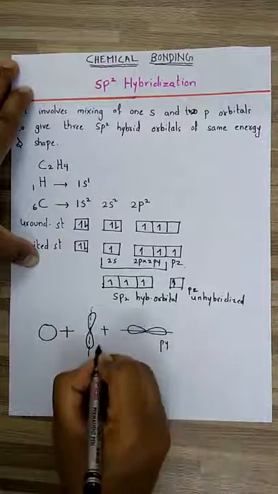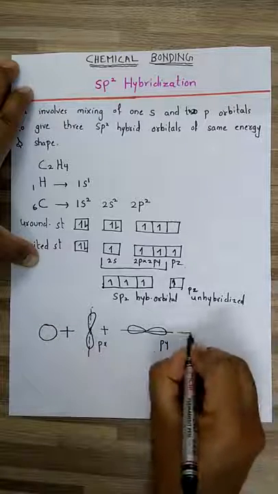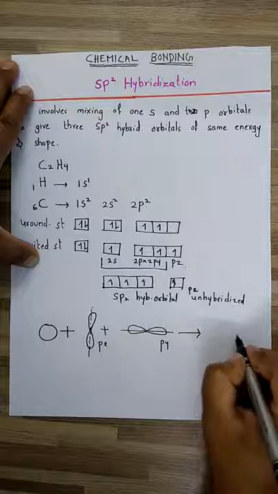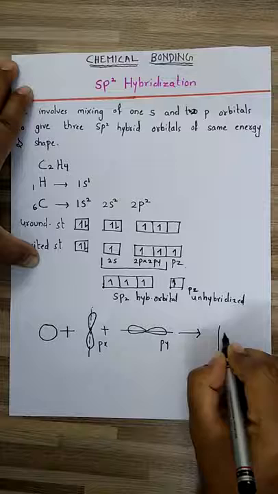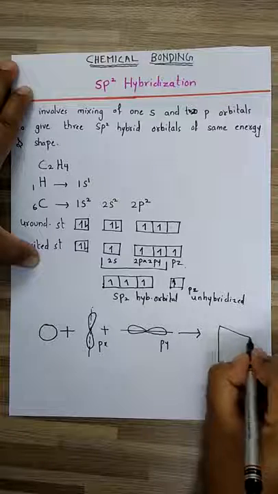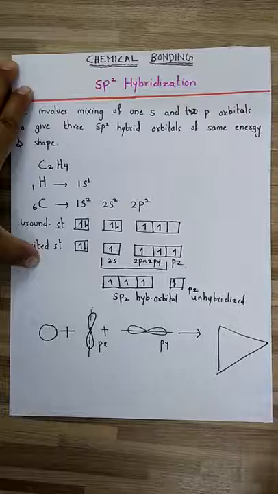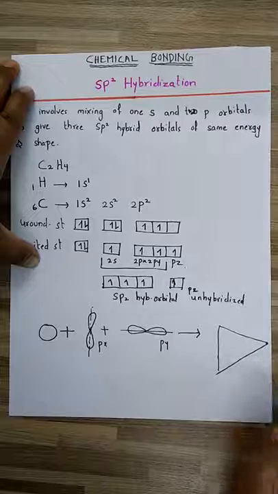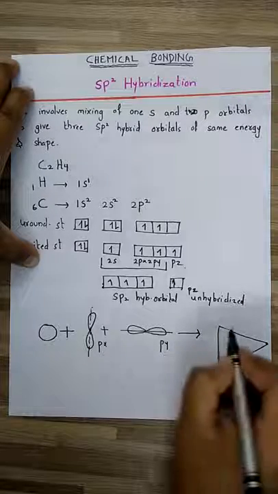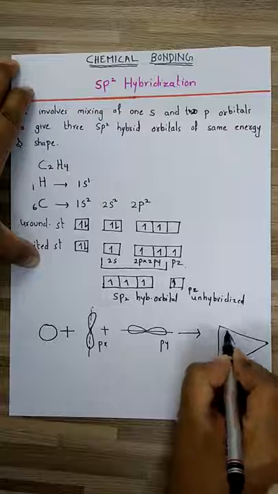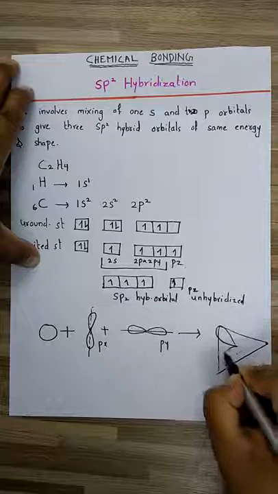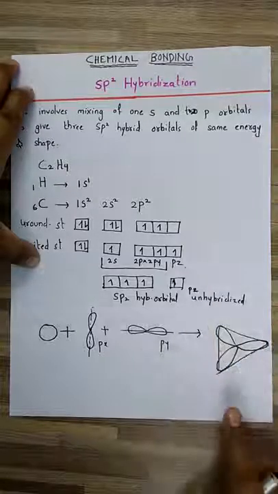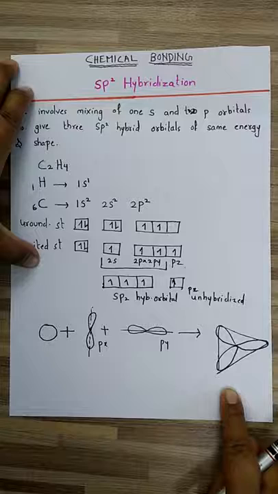They will undergo mixing and recasting, and now they will form a new kind of orbital, in which you will find that we have an equilateral triangle like this. These orbitals lie on the same plane. So we'll have three new hybrid orbitals which are in the same plane, giving rise to trigonal geometry.